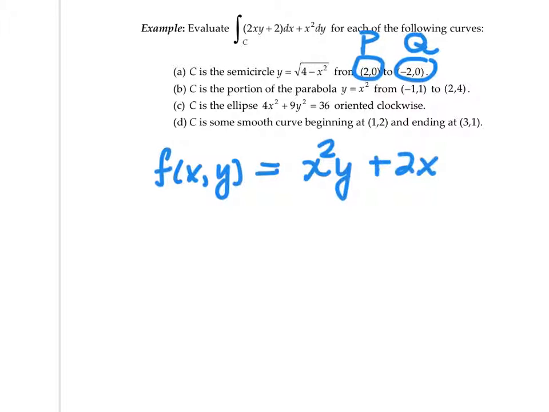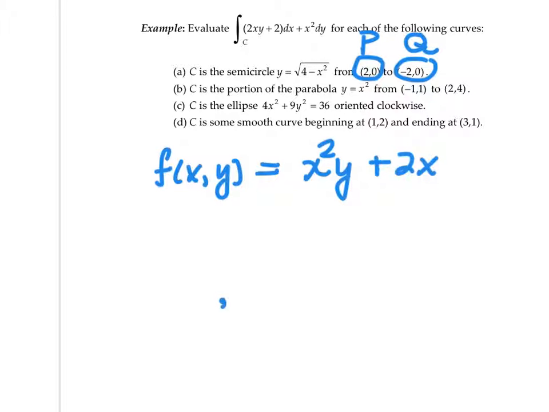So we're integrating, in the last case, over some smooth curve beginning at the point 1, 2 and ending at the point 3, 1. And this captures the spirit of the fundamental theorem of line integrals.